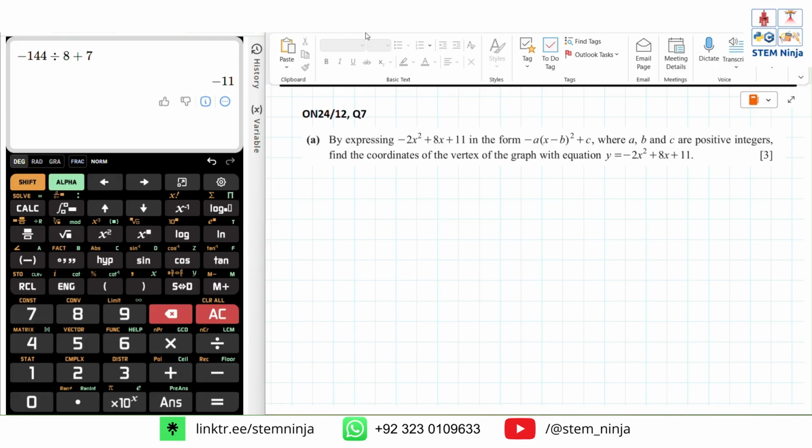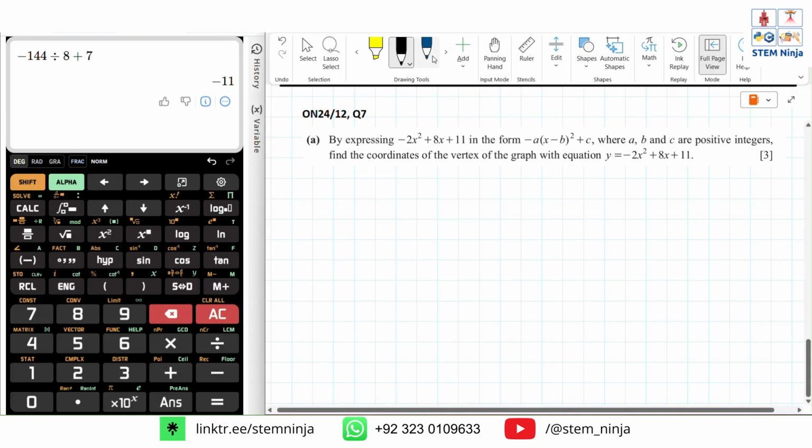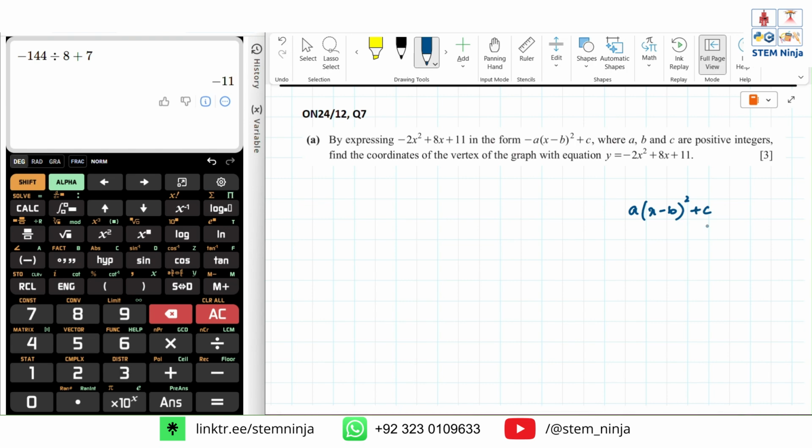Before we do this question, just a little tidbit, which we will discuss in the graphs topic also: when you have a quadratic expression in completed square form, b comma c would be the turning point. This is fairly common knowledge.